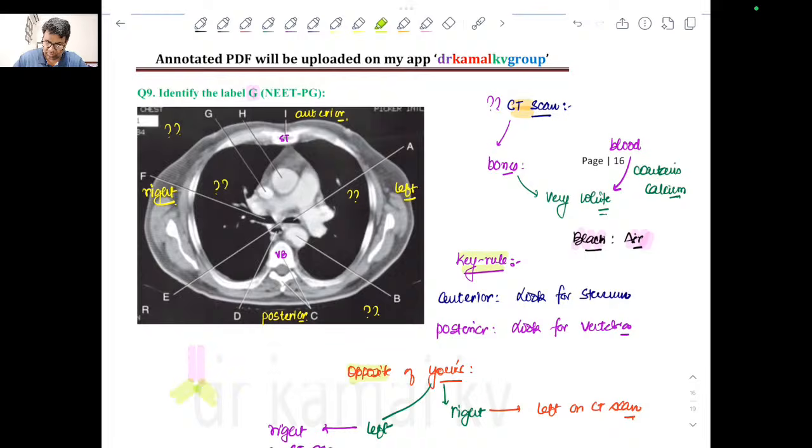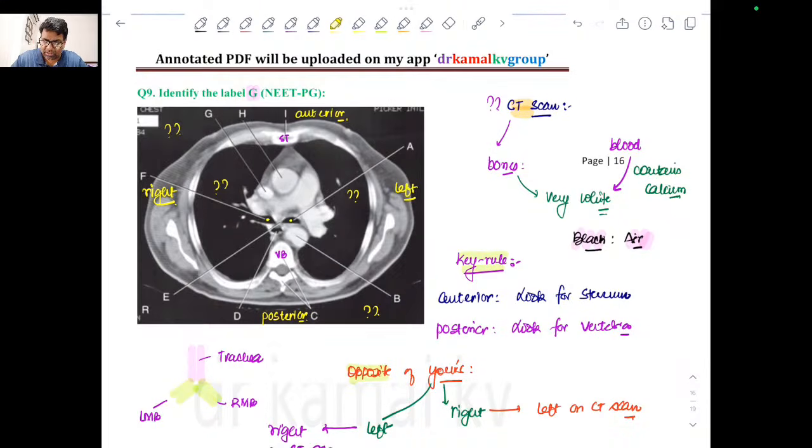So this is the trachea, this is the right main bronchus and this is the left main bronchus. If we take a transverse section somewhere here, we can see the air-filled spaces. So this is a main bronchus, this is a main bronchus.